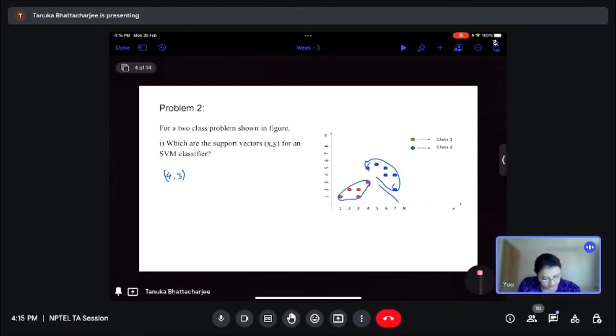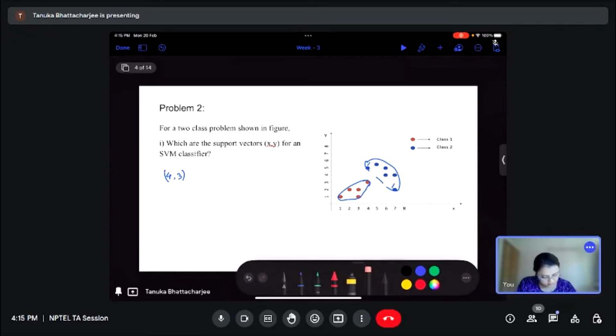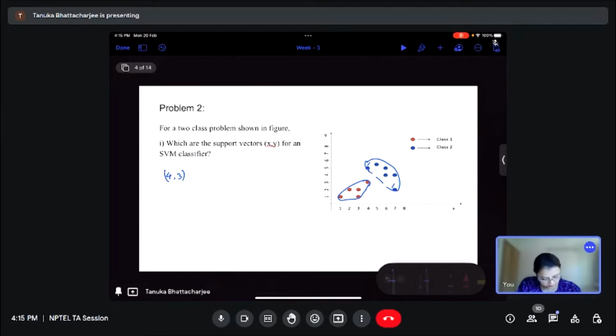So in case the decision surface is something like this, then you can see the red point is the same, but this blue point is closest to the decision surface.